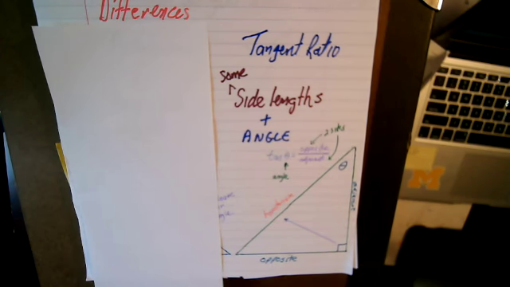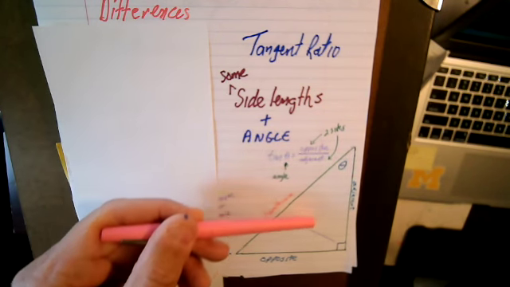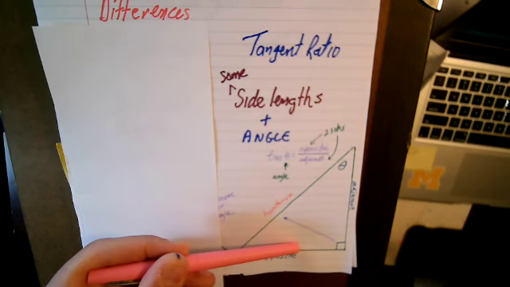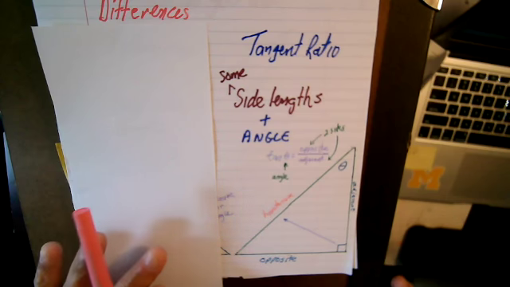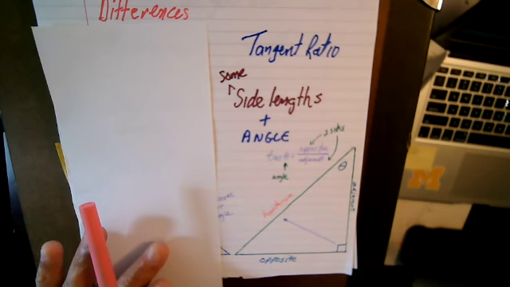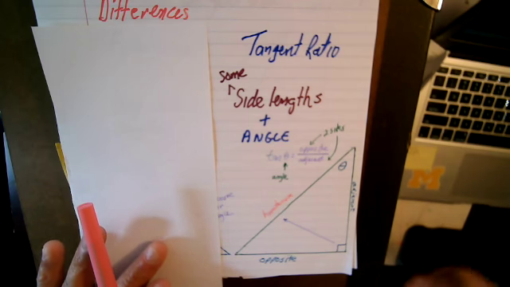And the tangent of theta is the ratio of the side opposite the angle. Here we could do the same thing. We could draw an arrow from theta all the way through the triangle to find the side opposite. And the side adjacent is going to be very close to where the measure for theta is. So the difference is, for the tangent ratio, I need to be given some information about an angle, or I'm trying to find a missing angle and I'm given two sides.